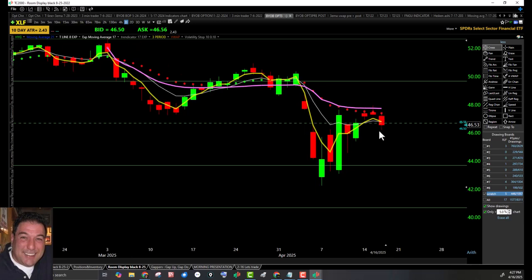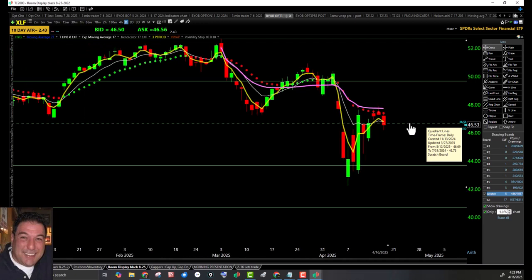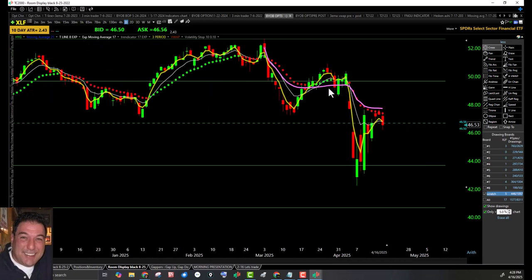XLF got a lower high, lower low, closing under the bearish cross, under the falling 17, that's the red dots right through here, closing under the all-time high anchored VWAP, that's the pink line, closing under the midpoint. So they move up and they give it up, so that's neutral.